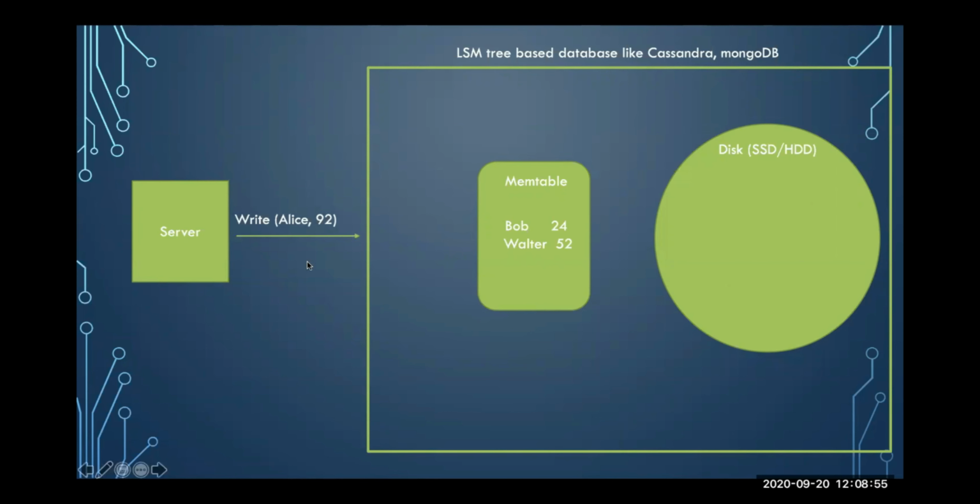Now say another write came, and this time it's for Alice and its value is 92. It's again written into the mem table. Now since the mem table's threshold of 3 entries is reached, it is flushed as an SS table into our disk.